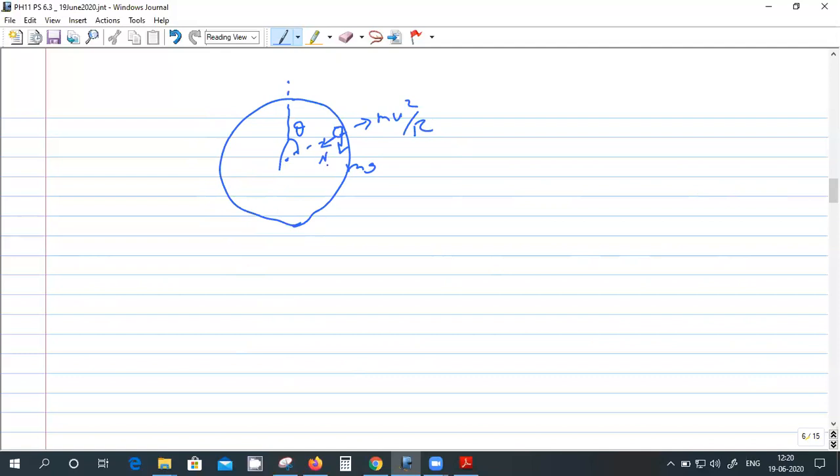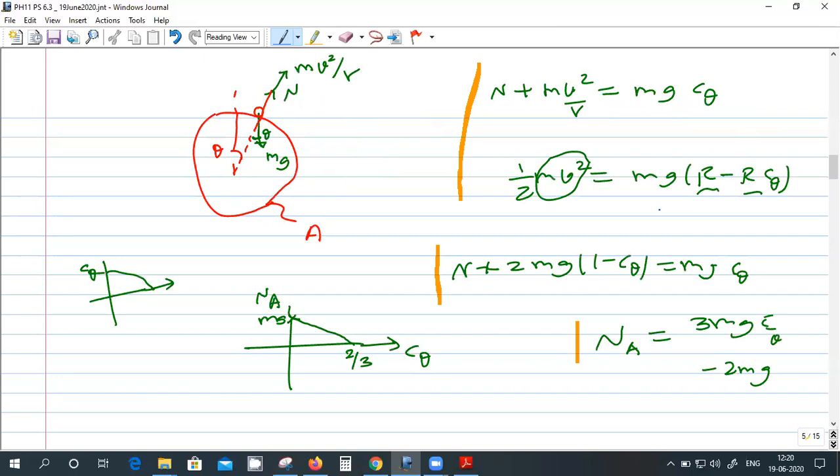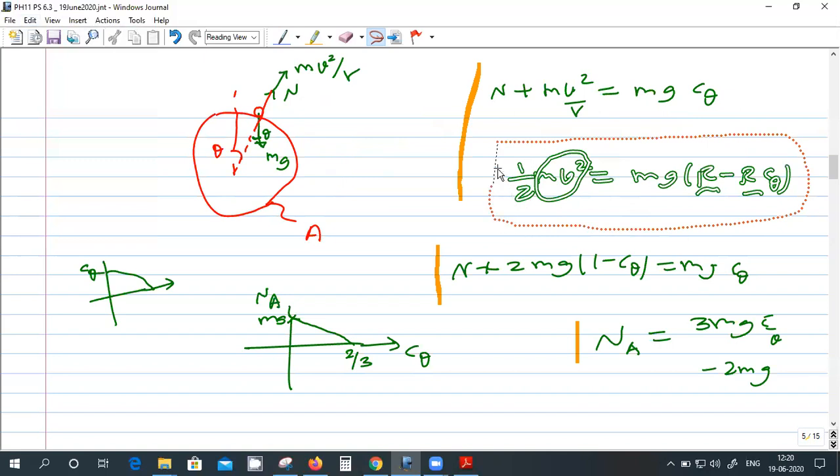This is actually N_B. So N_B plus mg cos theta will be mv square by R. But the velocity equation is the same because it already satisfies this. It does not matter which sphere it touches.